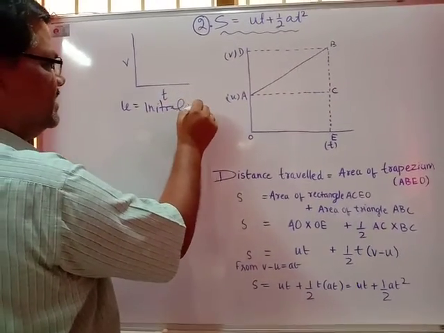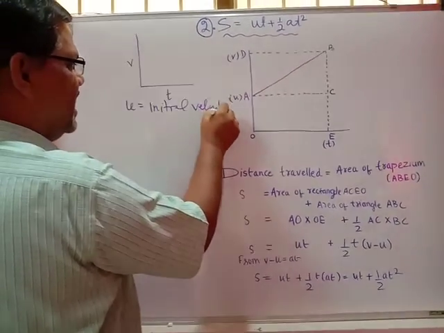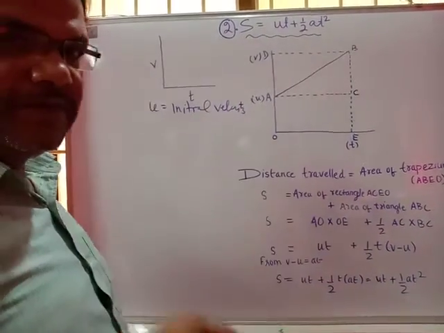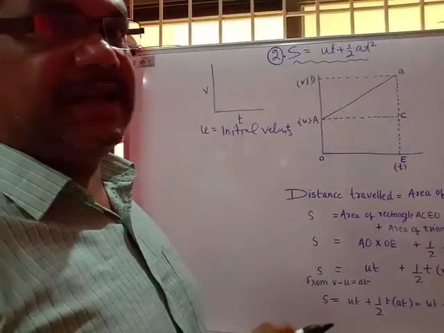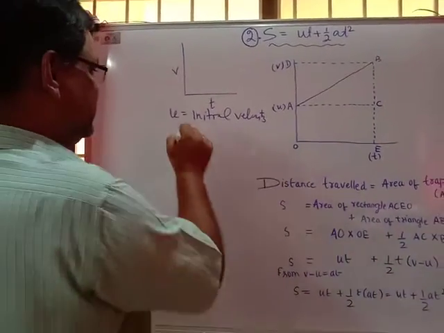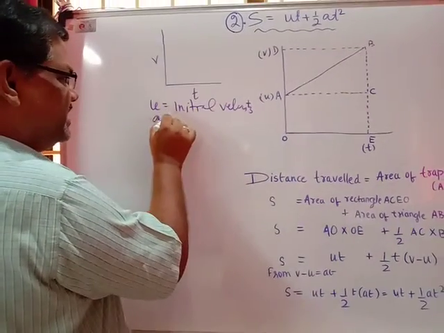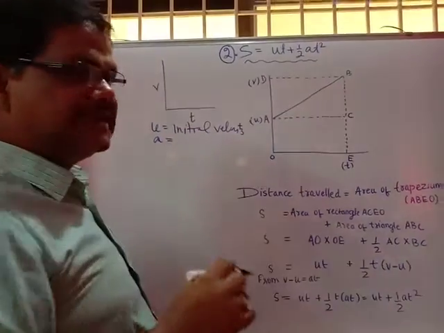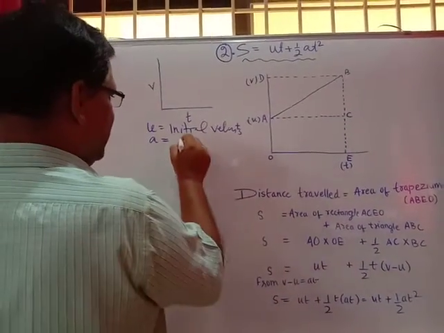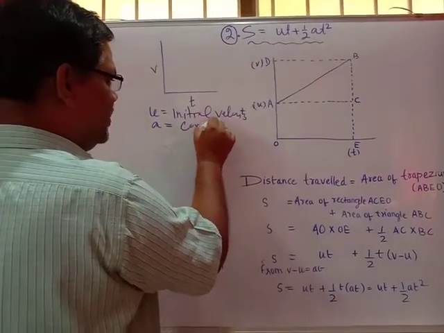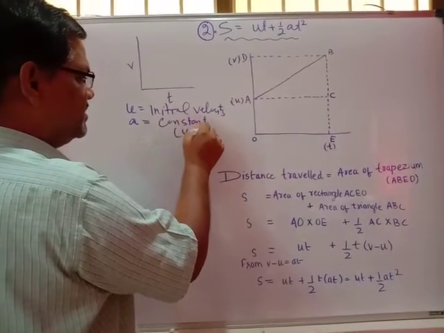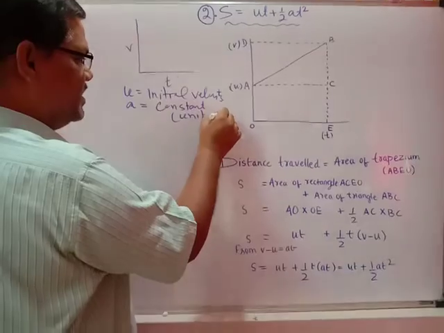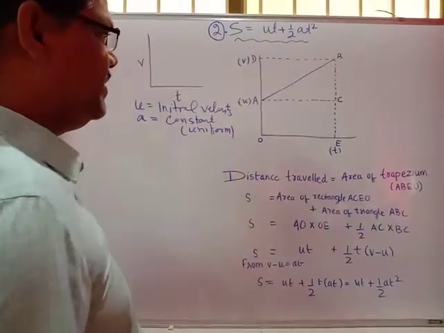And the object is moving under constant acceleration, meaning the acceleration the object has is constant in nature. A equal to constant. Constant acceleration is also called uniform.